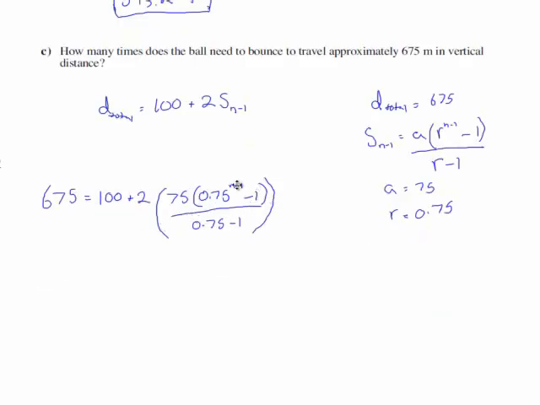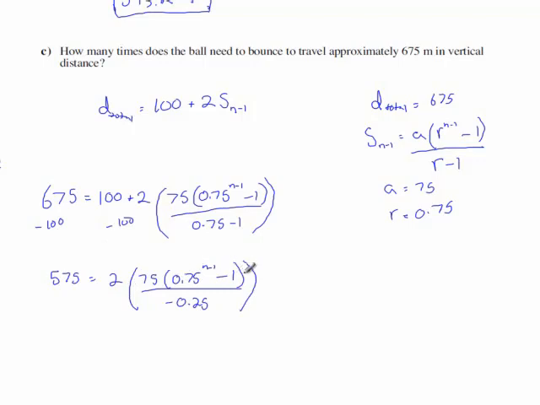Alright, so you're trying to solve for n. So get the group that has n in it by itself. I'll subtract 100 from both sides. So 575 equals 2 times 75 times 0.75 to the power of n minus 1, divided by negative 0.25.